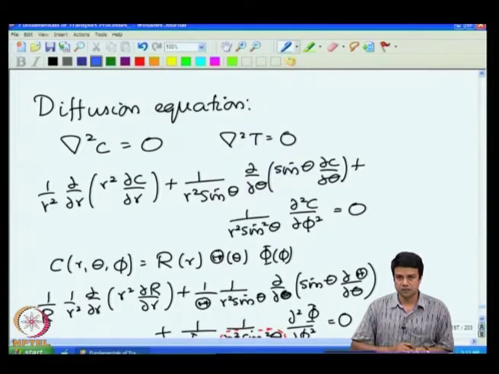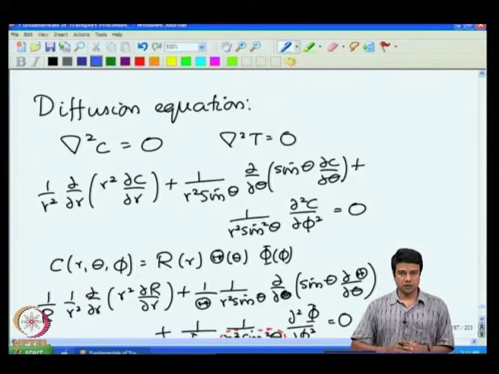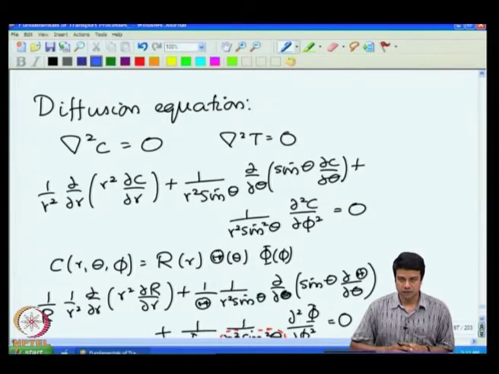We had previously solved it in a Cartesian coordinate system for the particular case of diffusion in a cubic solid. In that case, we had homogeneous boundary conditions in one coordinate and inhomogeneous boundary conditions in the other coordinate, and I showed you how to get solutions in the form of basis functions, sine and cosine functions in the coordinate which is homogeneous.